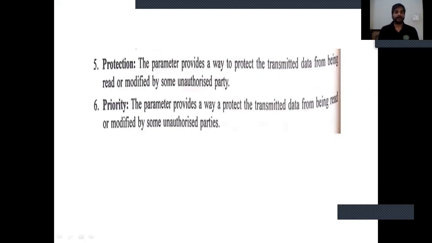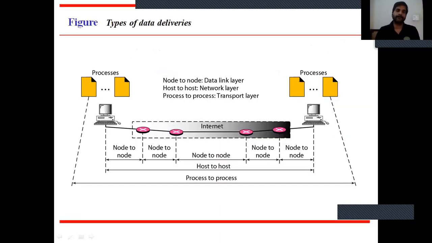Protection means the parameter provides a way to protect the transmitted data from being read or modified by an unauthorized party. Then the quality of service of the transport layer also increases. Priority is also a parameter that improves the quality of service.